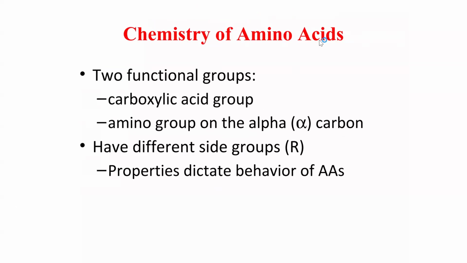Yes, what I'm saying is that in amino acids, there are 3 different groups attached to the alpha carbon. This alpha carbon is attached to 1 carboxylic group, the amino group, and then the R side chain. This R side chain varies from one amino acid to another.